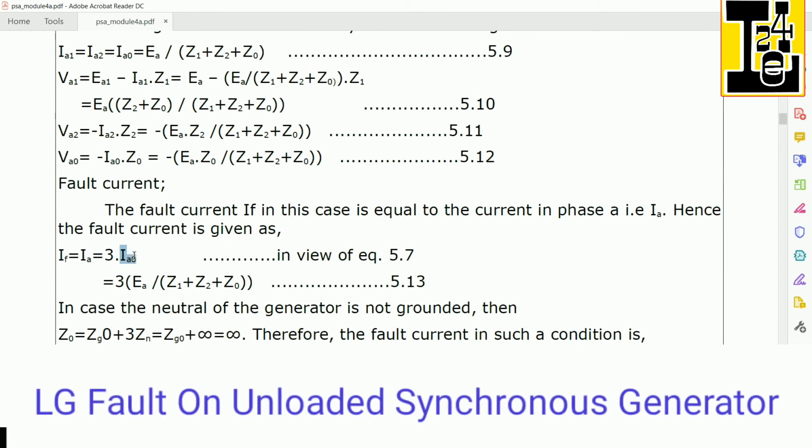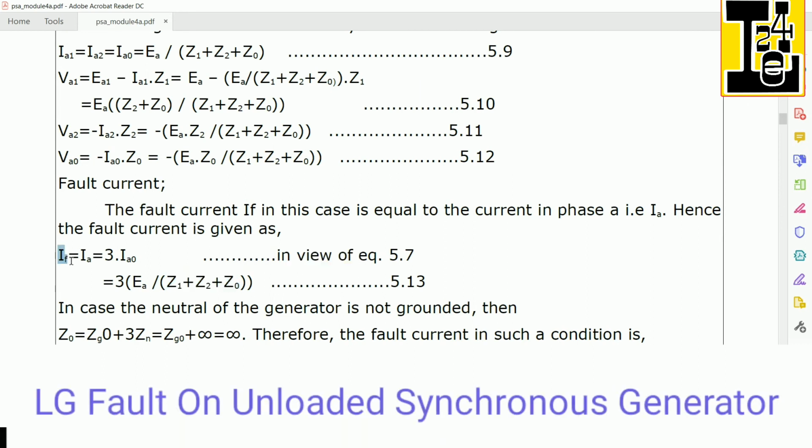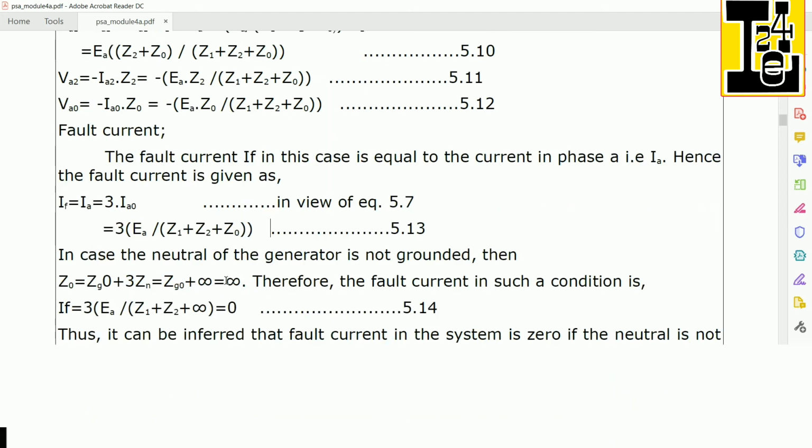We know that IA0 equals EA divided by Z1 plus Z2 plus Z0. Hence the expression for IF equals 3 into EA divided by Z1 plus Z2 plus Z0.